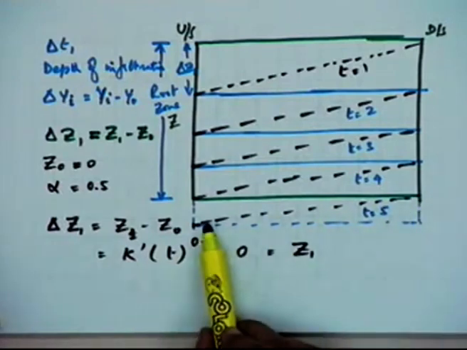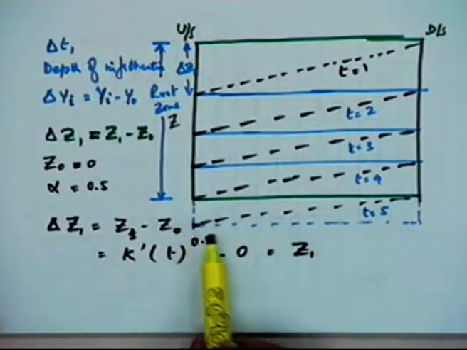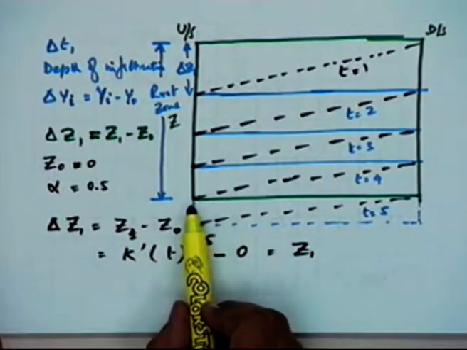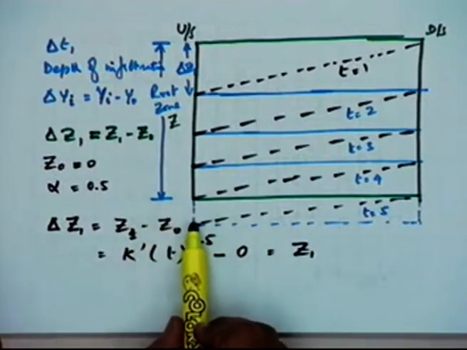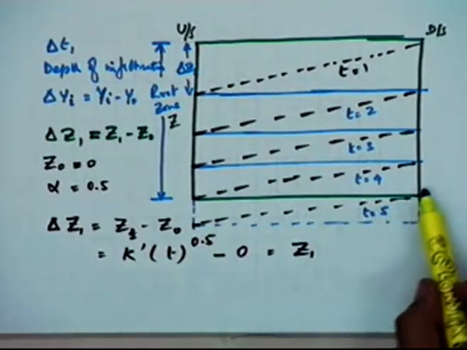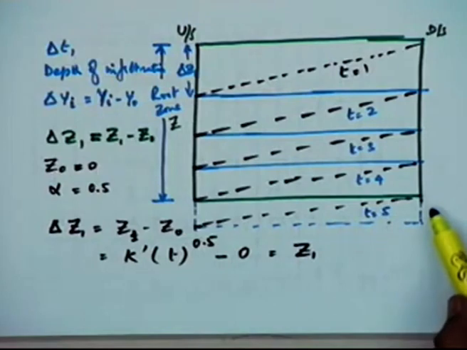Now if you want to satisfy the downstream end of the field also, you will have to provide the water beyond this root zone depth. That means for an additional time period. Only then this component, the lower part of the field, can also be satisfied.